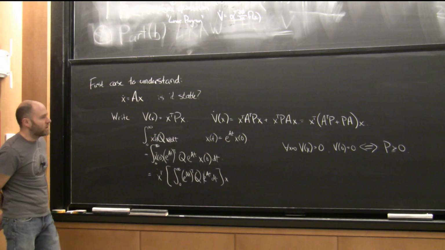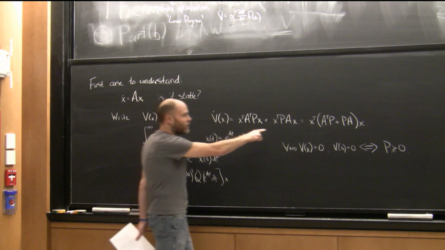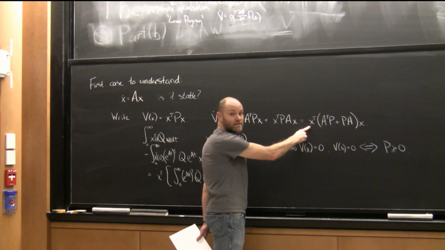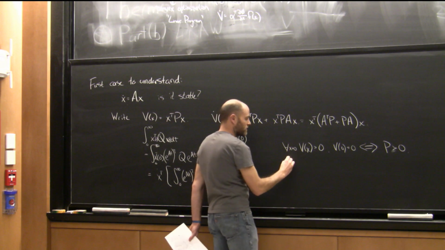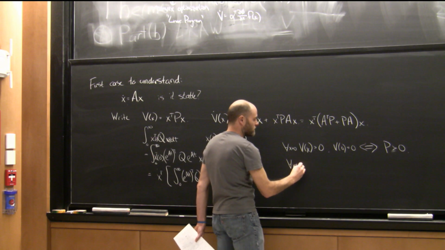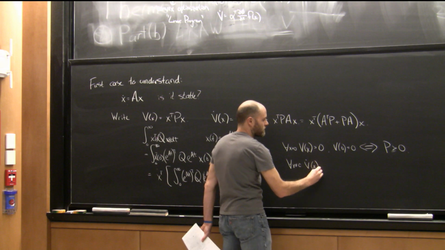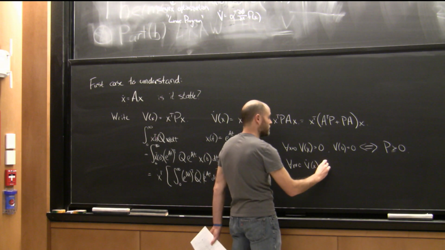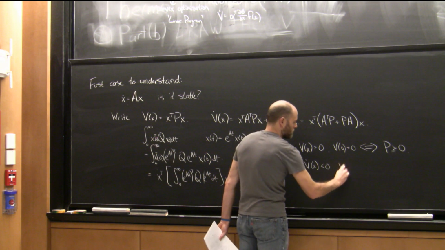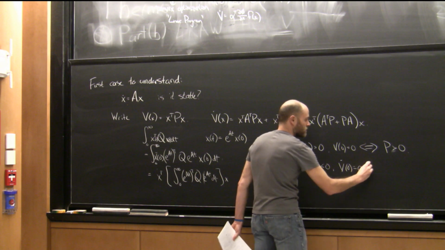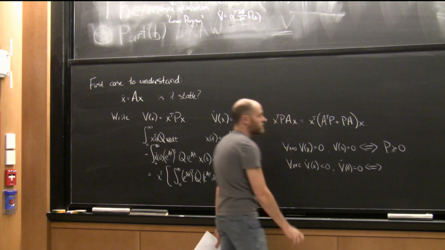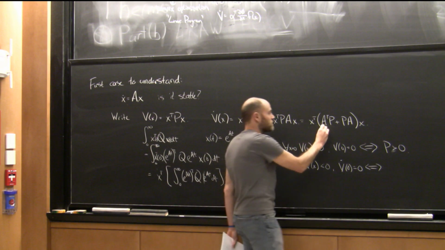Okay. The cool thing is, I can also check this condition for all x, right? My condition, for all x not equal to 0, V dot of x is less than 0, by checking this thing.